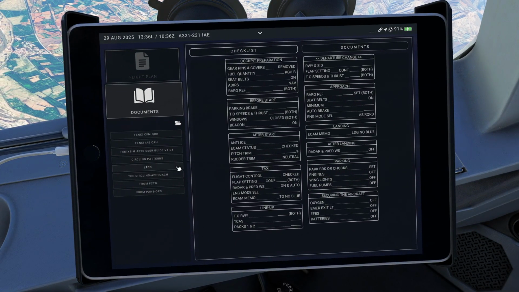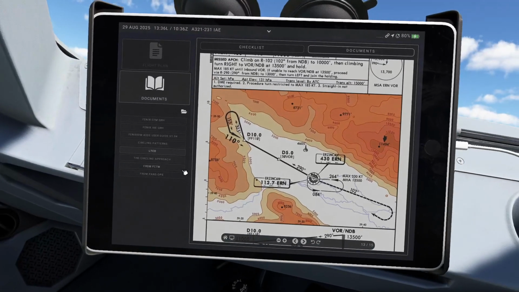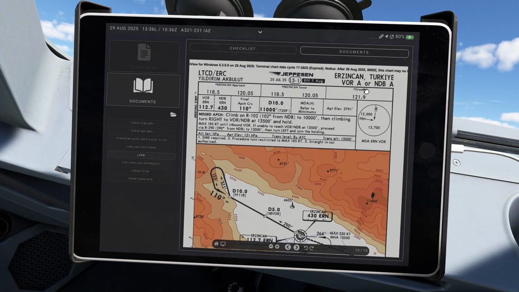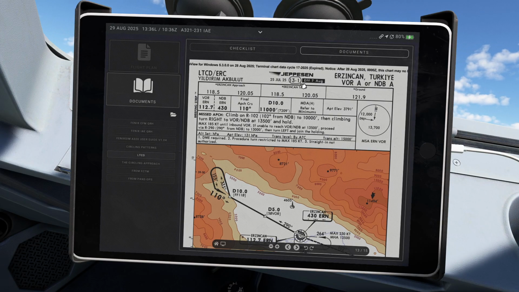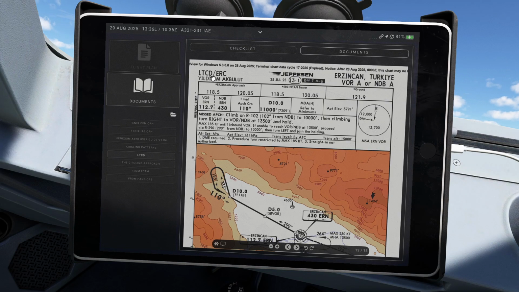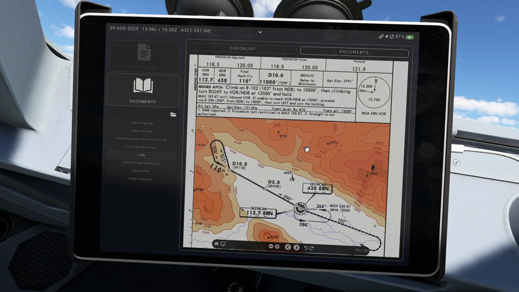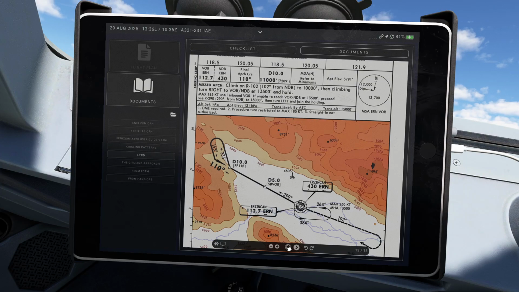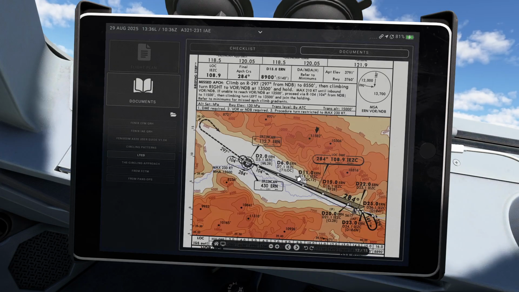First of all, let's go into the chart of the VOR A or Alpha or NDB Alpha, based on chart 13-1 Erzincan, Turkey, Yildirim Bulut Airport, Lima Tango Charlie Delta. According to this airport, we actually have two procedures in total.